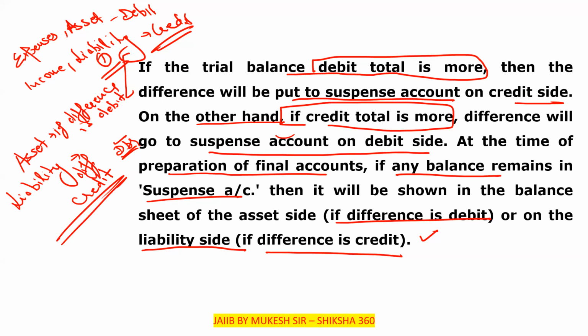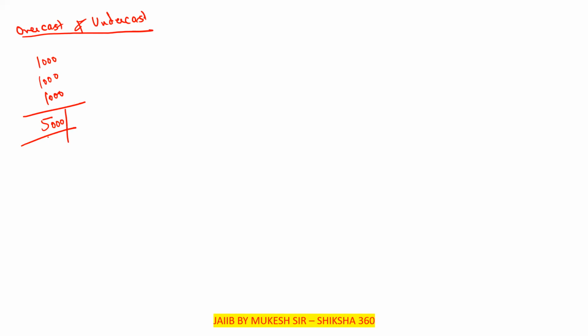Now I will tell you some other important points regarding that. First of all, I will help you understand the meaning of overcast and undercast. Say I write 5,000 in the place of 3,000.